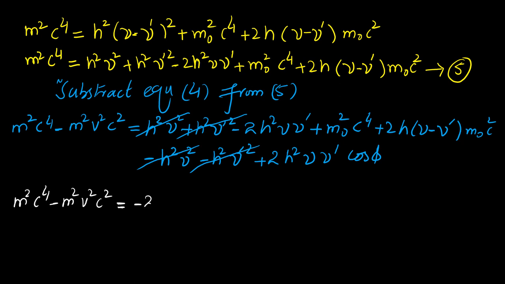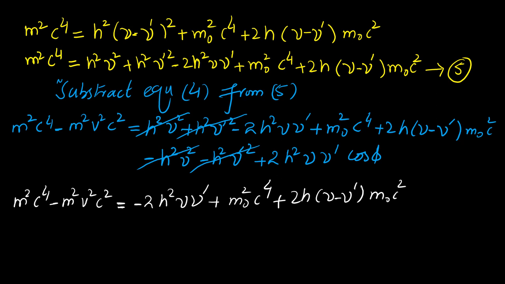minus 2h square nu nu prime plus m naught square c4 plus 2h nu minus nu dash m naught c square plus 2h square nu dash cos of phi.